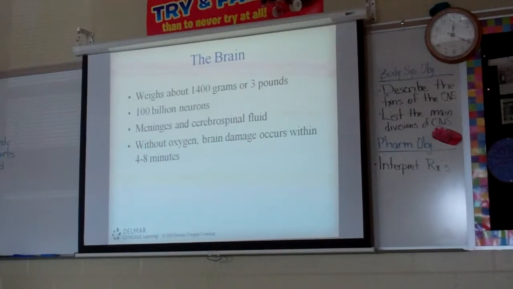Another thing about the brain is without oxygen, you can have brain damage within 4 to 8 minutes. So if anybody goes down, you need to be able to start CPR. What is it about CPR that saves somebody?